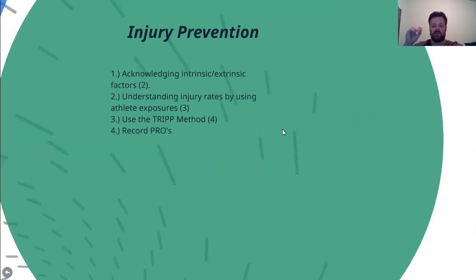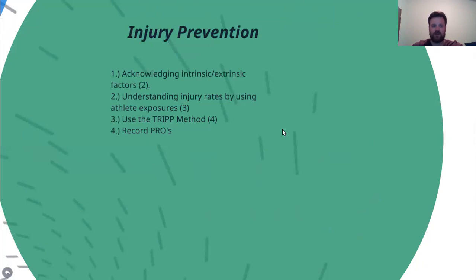We're going to look into how many athlete exposures lead to increased injury rates: having practice in the morning or in the afternoon, how many days a week, or having practice for 2 hours compared to 1 hour. Things along those lines, using the TRIP method, using the research, seeing what the best protocols are out there, and then recording patient-rated outcomes.